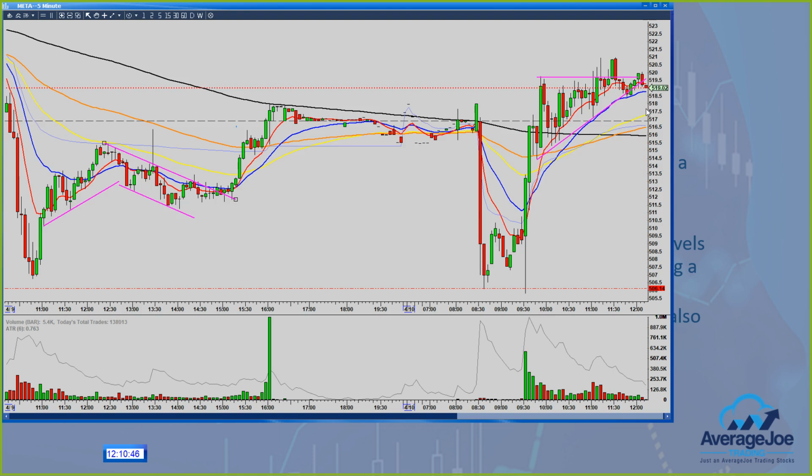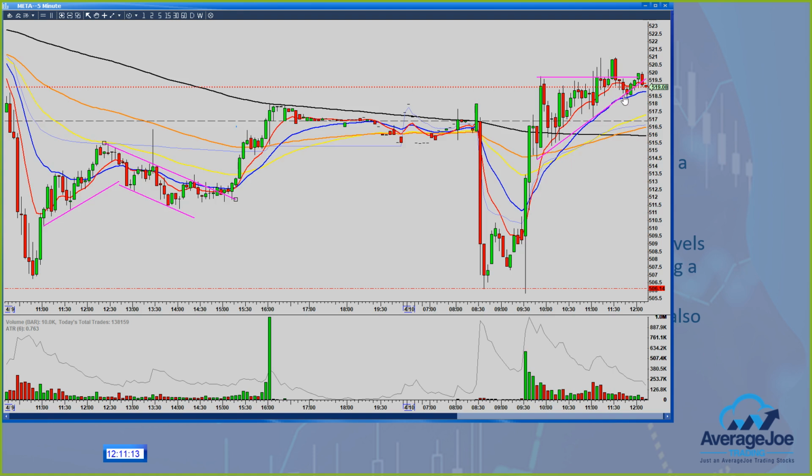If we lose the 20, next on deck is going to be the 50. Okay, does this happen all the time? Yes. It tests the moving averages every day. It may not be the same moving averages all the time, but we will test moving averages every day.